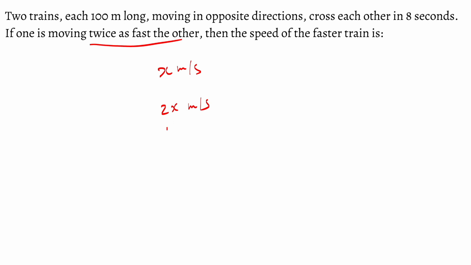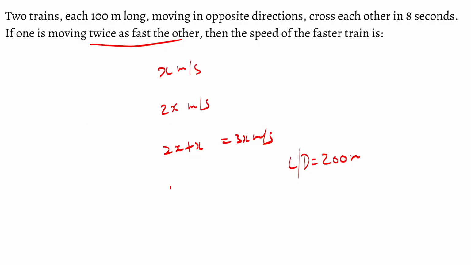As they are moving in opposite direction, the relative speed will be 2x plus x, which is 3x meter per second. Now what is the distance here? Two trains, each 100 meters long, so the total length is 200 meters. This is also the total distance.